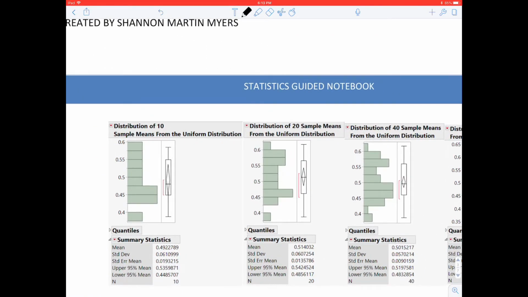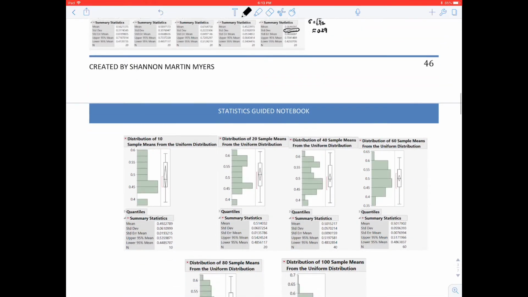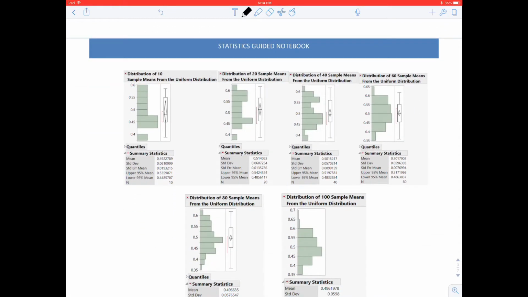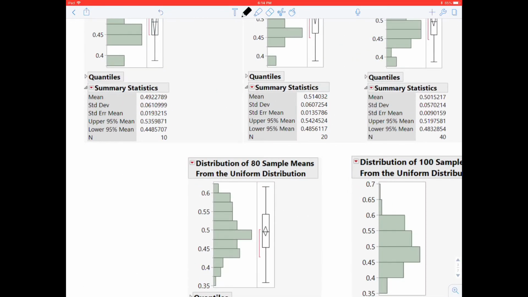So here, this is what I did, all right? I found the means of all these samples, so I made a new distribution that had just 100 means from each of those samples of size 20. And when I did 10 of them, this is what I got. For 10 of them right here, we have 0.49.